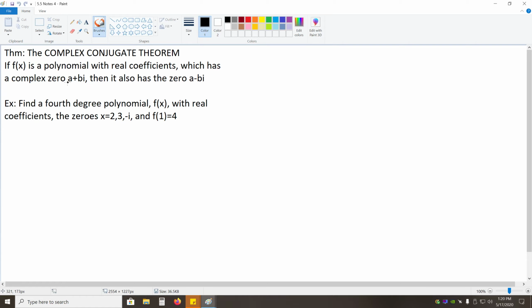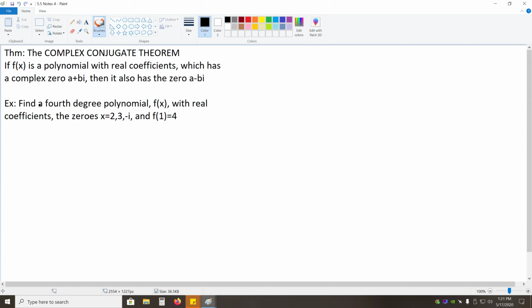The reason is when you multiply your zeros out, remember these zeros represent factors. When you multiply all those factors out, if you don't have all the conjugates together, you'll end up with imaginary coefficients. So whenever you see a complex zero, automatically know that the conjugate is also a zero.